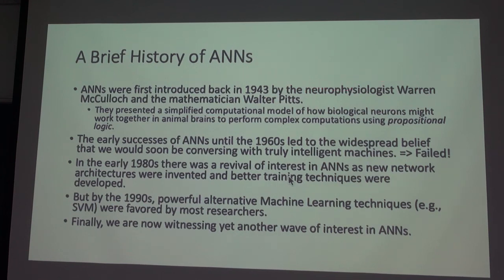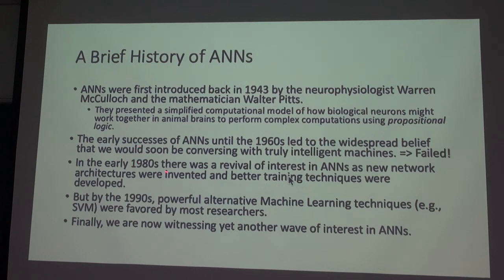So at that time, there were really no computer scientists out there. Back at that time, people wanted to study the source of intelligence, and they came out with this idea.